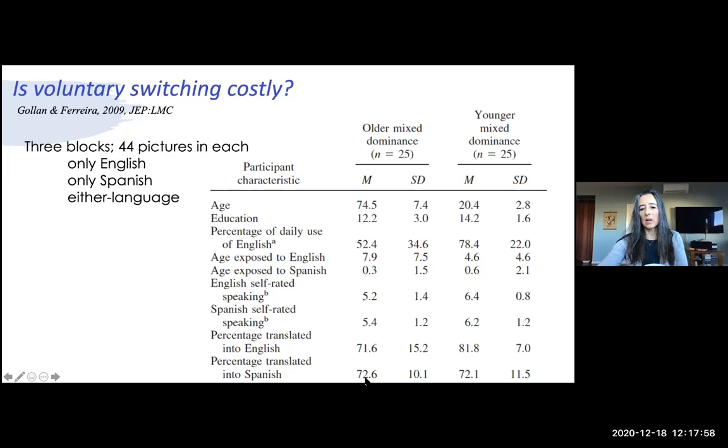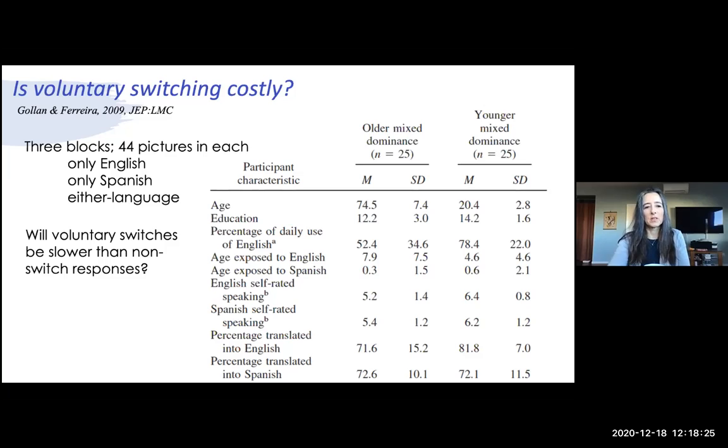But if you look at their ability to translate into Spanish, it's just as good. There was no significant difference. And this is why we've stopped relying on self-ratings, because they differ between bilinguals of different language combinations, bilinguals who are English dominant rate themselves differently from bilinguals who are Spanish dominant. And so we use objective measures.